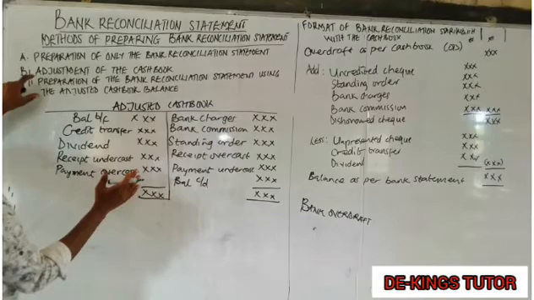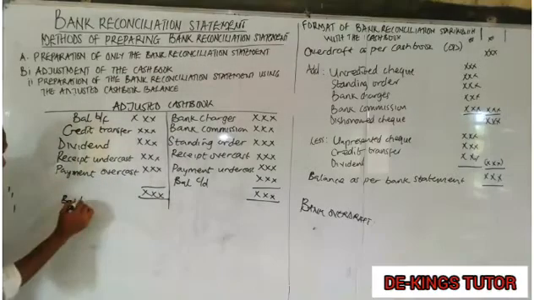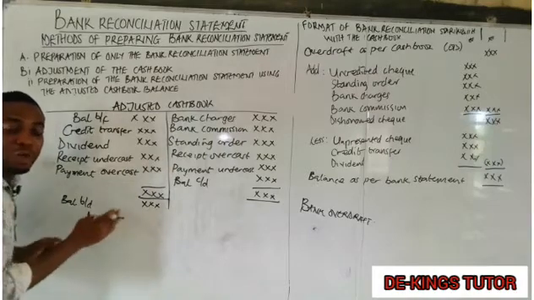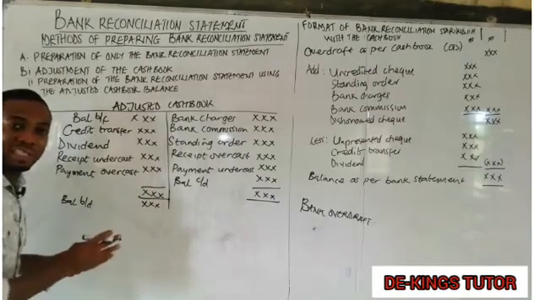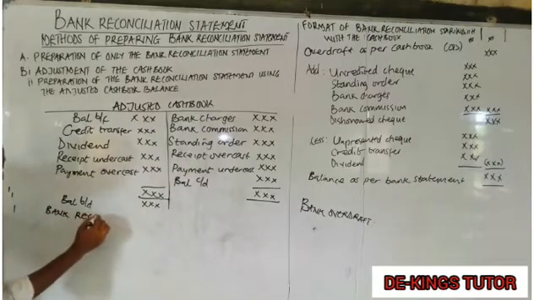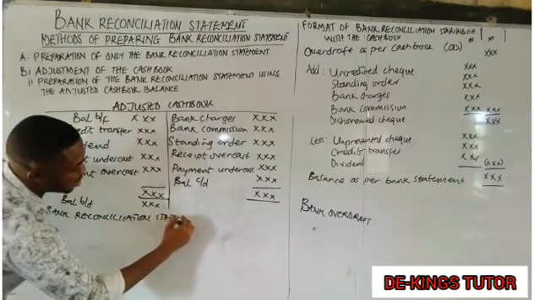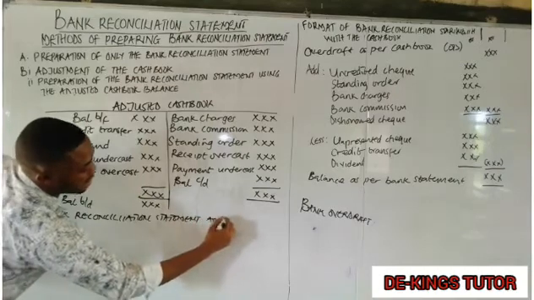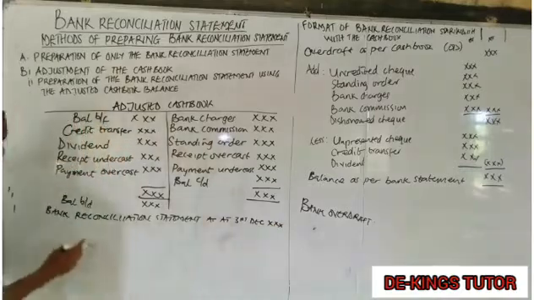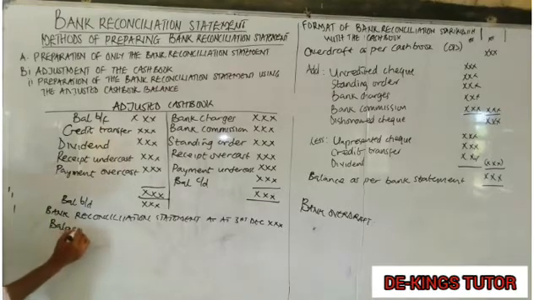So now I will write bank reconciliation statement as at 31st December, etc. Okay, so we said balance as per adjusted cash book. And this balance will be brought here. Now what do we add?